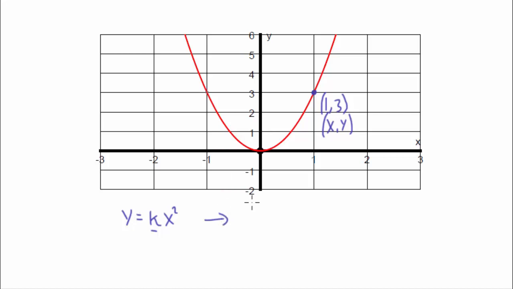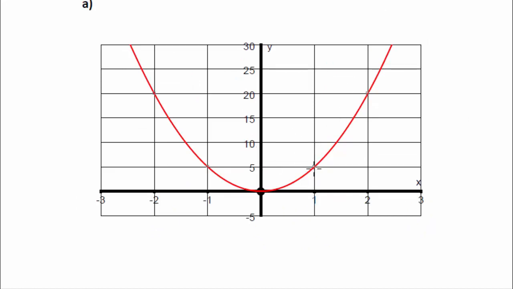So y is 3 equals k times 1 squared, so 3 is the value of k, or k equals 3. We can then substitute it back into the equation: y equals 3x squared. And we move on to the next one.